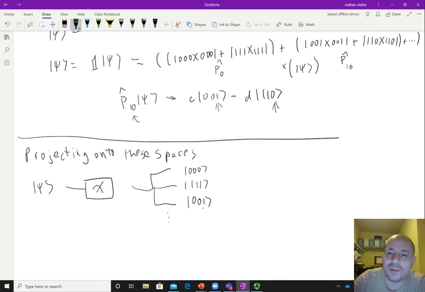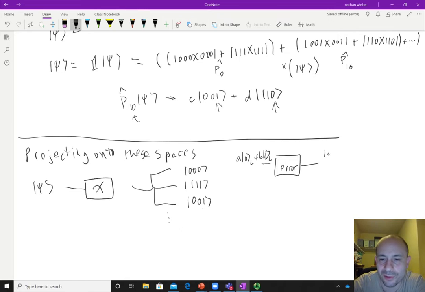Unfortunately, what if our initial state, before we put it through this error channel over here, was of the form A0 logical plus B1 logical? What we would end up getting out, even in the ideal case, is 0, 0, 0, which is equal to 0 logical, which does not correspond to the state that we had before the error.